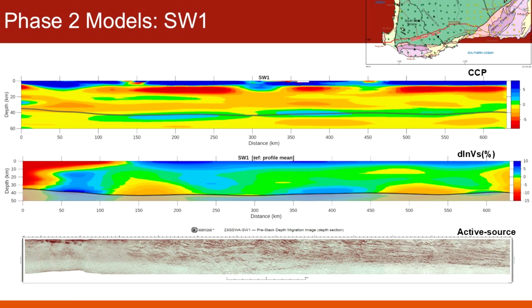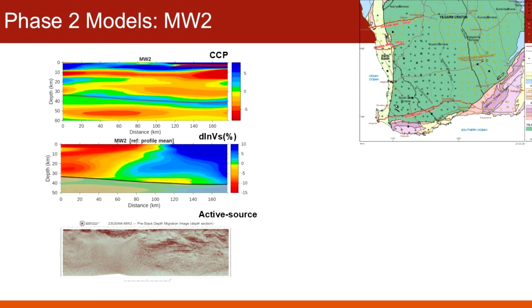So this is the Southwest 1 line. And then this is the Midwest 2 line, again west and east. Just approximately, this is where the Darling Fault is, with the Perth Basin to the left, to the west. And then, again, this is the velocity gradient, the velocity variations.